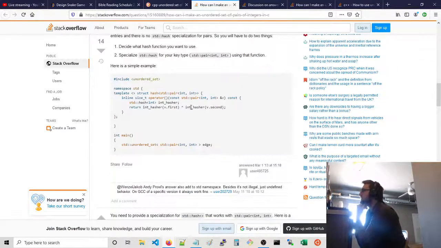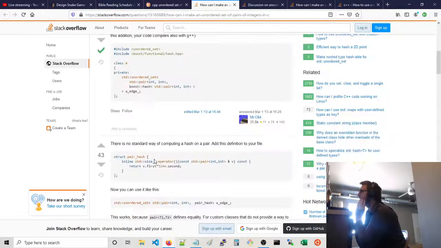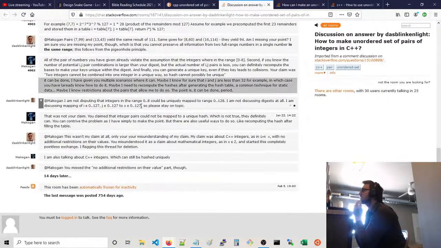Some of these seem okay. This seems like one of the better ones. Although I'd rather just define a lambda, and then you could use the built-in hash function itself and XOR the hash function. Get something generally pretty good, I guess.